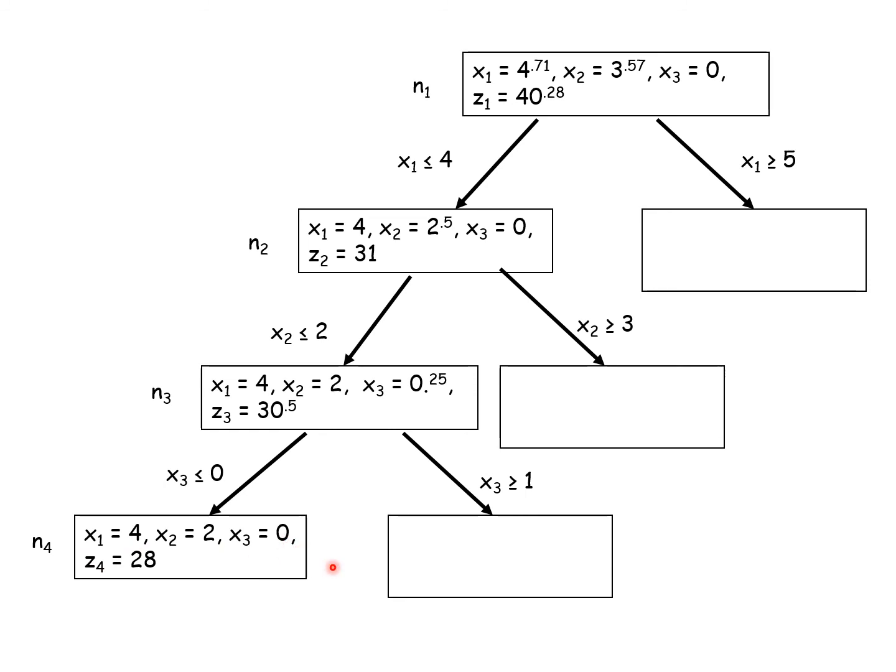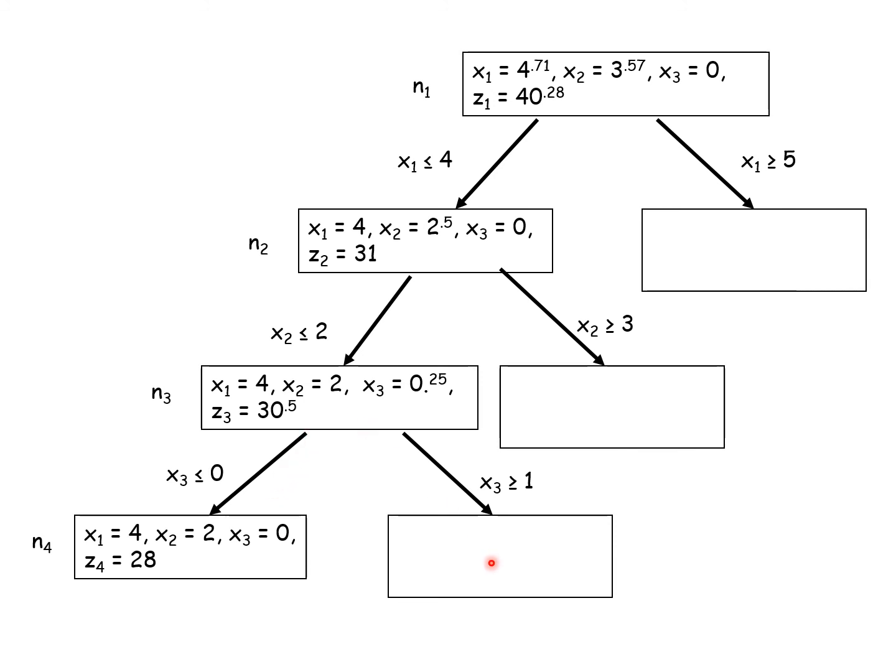Now, how does the method continue after you find an integer solution for a branch in a tree, like here, the most left? I stop. I do not go any further. There's no branching variable anymore. So I stop here, and this becomes one of the lower bounds. Now the method backtracks to the upper level, and continues to the right.